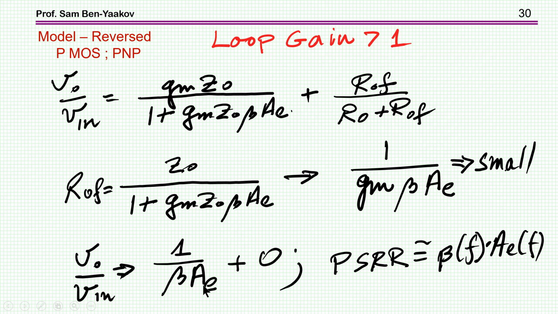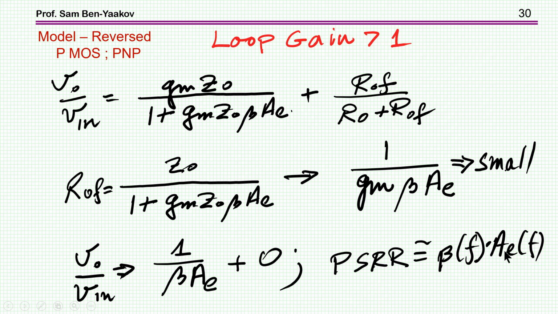AE is the gain of the amplifier. So power supply rejection ratio in the operational mode of the amplifier, that is when there's sufficient feedback, below the crossover frequency, is the beta, which could be a function of frequency, and obviously the error amplifier gain, which is a function of frequency.